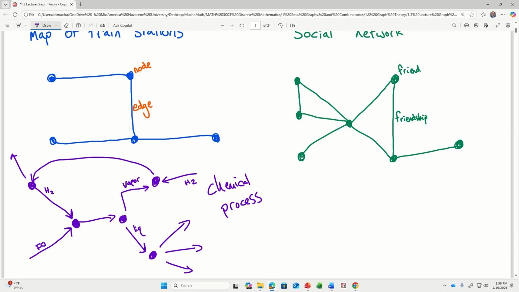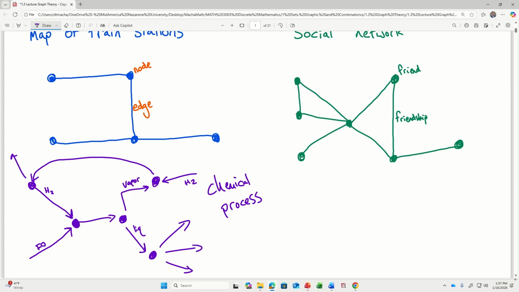Because, I don't know how Twitter works, but you follow somebody, but they don't necessarily follow you back. If that's the situation, it would be a directed graph. But if it's a mutual thing, like on a Facebook social network, you have to be friends with each other, then it would be an undirected graph. But this is a directed graph, and the only difference is I draw little arrows to show you which direction the edge is going. It's going from this node to this node.